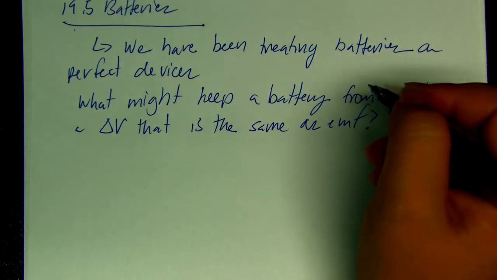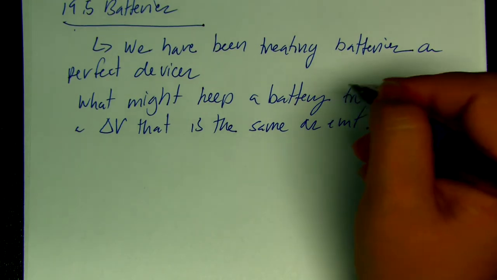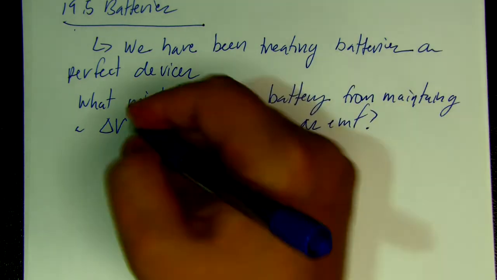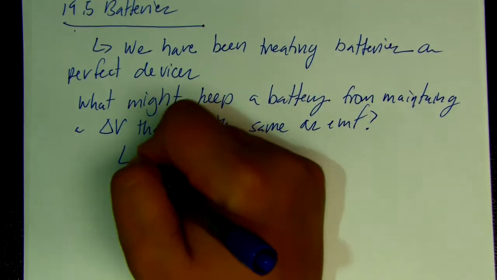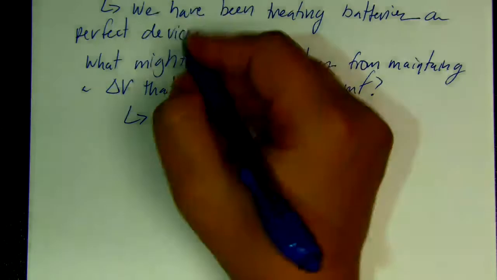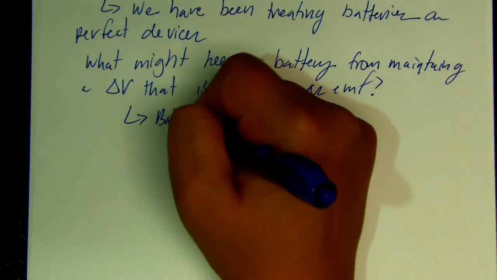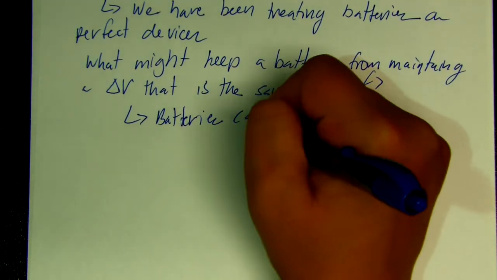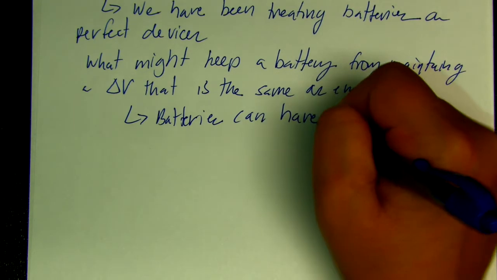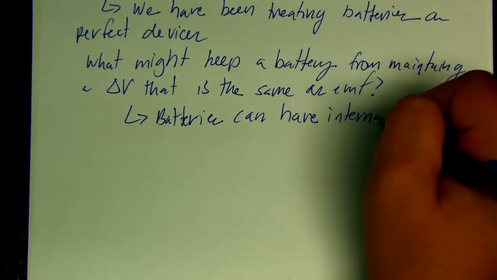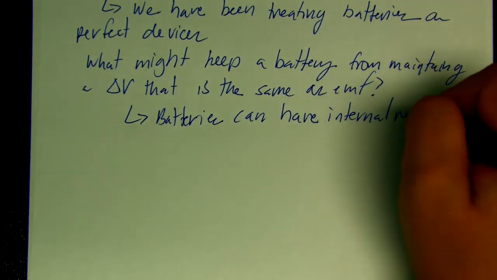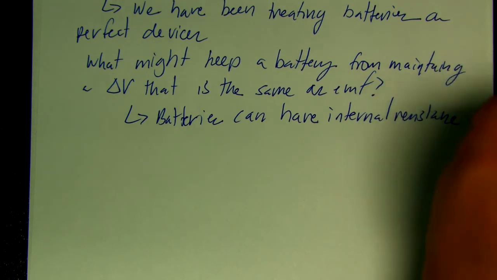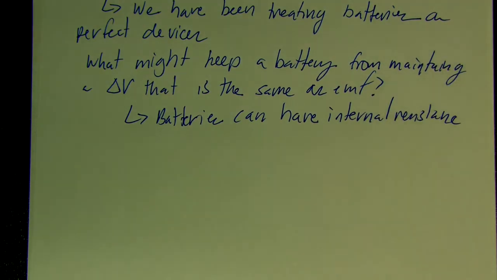Well, batteries are made of materials and they're not necessarily perfect conductors. So batteries can have internal resistance, which makes sense from a logical point of view. And that's okay. We know how to handle that.